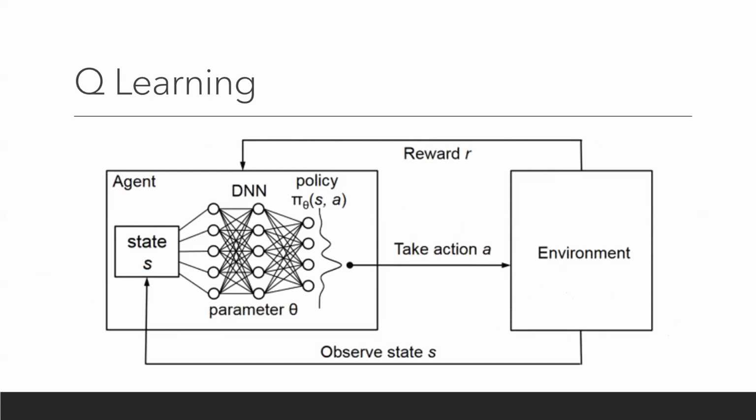There are different approaches. Let's say we have an agent which uses deep learning to observe the environment and take certain actions. The policy has certain state-action pairs; you can see pi theta here on the left side.